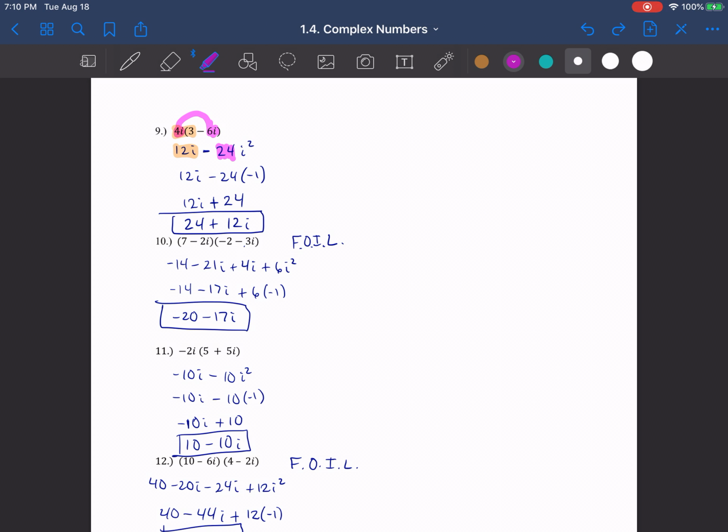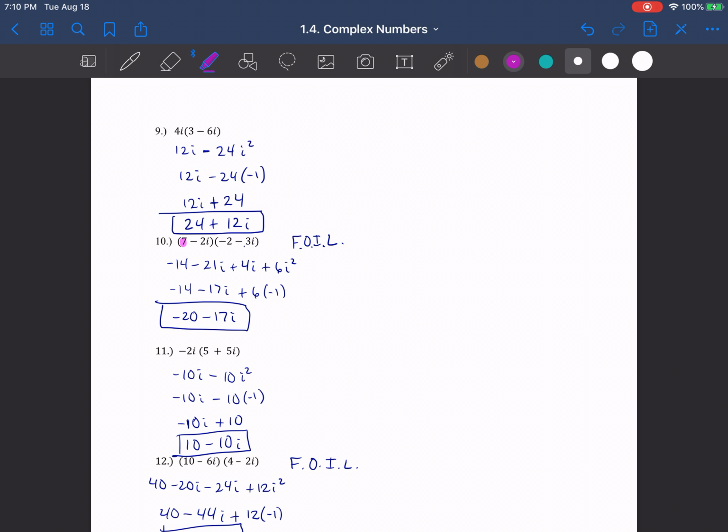So when you go to the next line, that i squared becomes this negative 1. And therefore you have negative 1 times negative 24. And we end up with 12i plus 24. And if we reverse the order, so we're writing it as the real part first plus the imaginary part, it becomes 24 plus 12i.